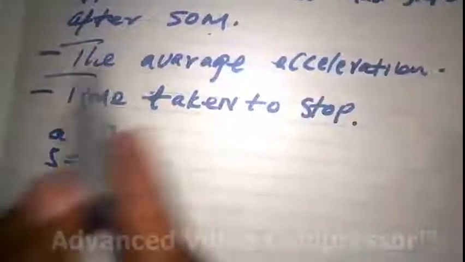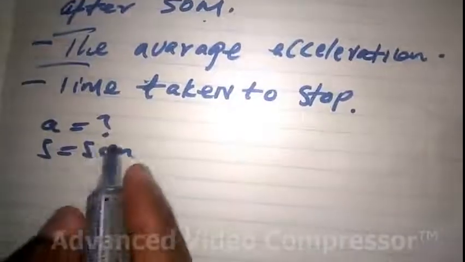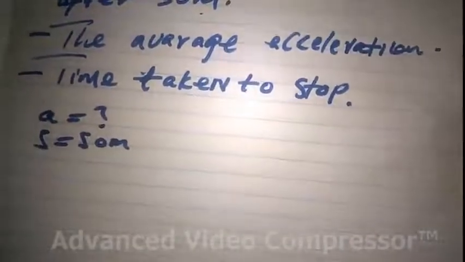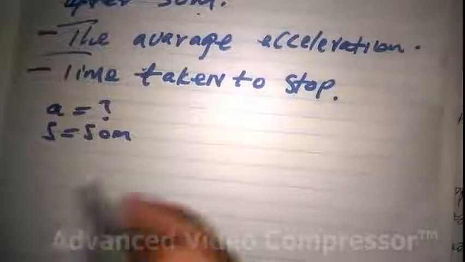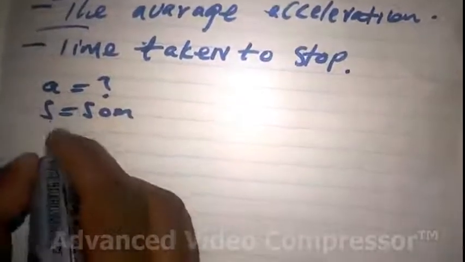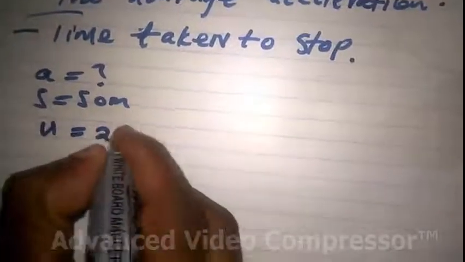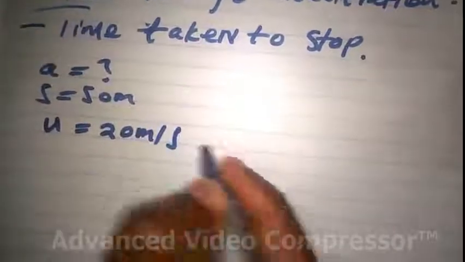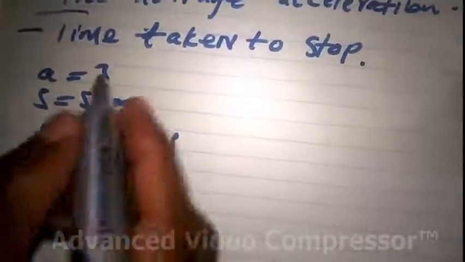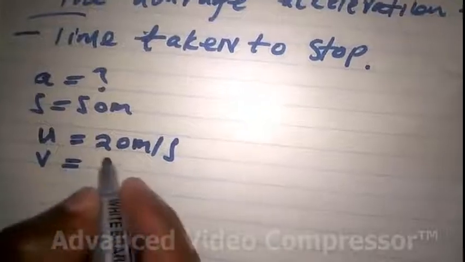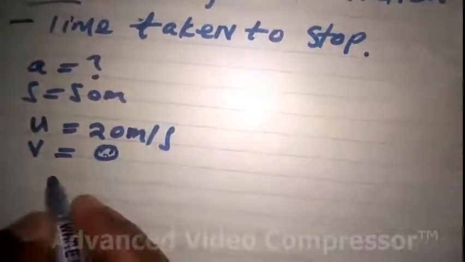Velocity. A car traveling at 20 meters per second applies its brakes, so this is our initial velocity. Our initial velocity is 20 meters per second, and then we have our final velocity, which is 0.